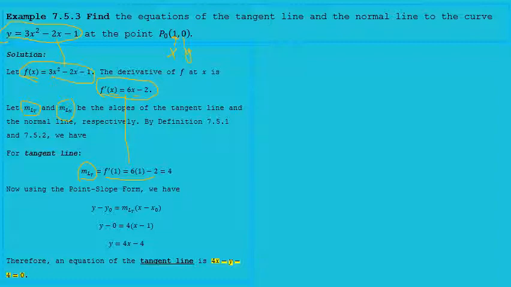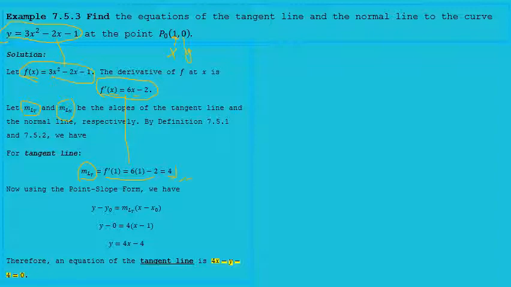Si 6 pa rin siya, and then x replaced by 1, so that is equal to 6 times 1 minus 2. So 6 times 1 is 6 minus 2, that is equal to 4, which means slope ng tangent line natin equals 4.